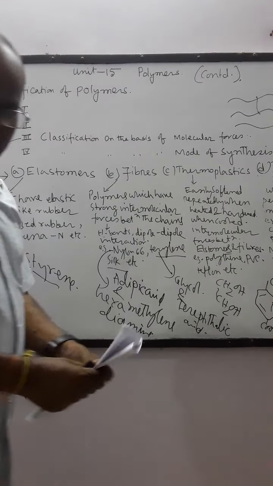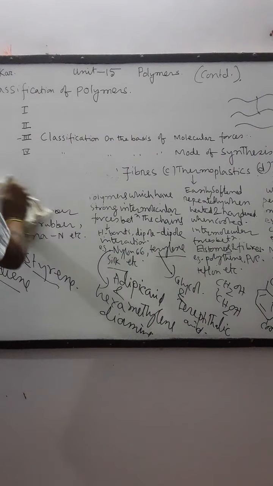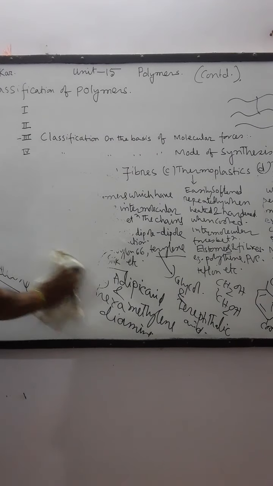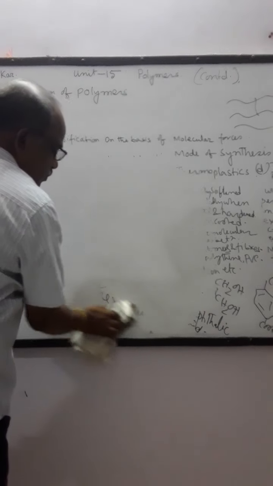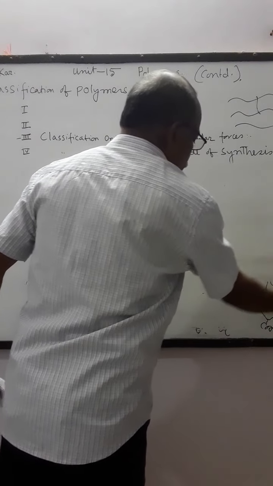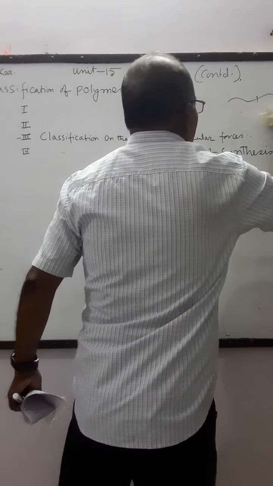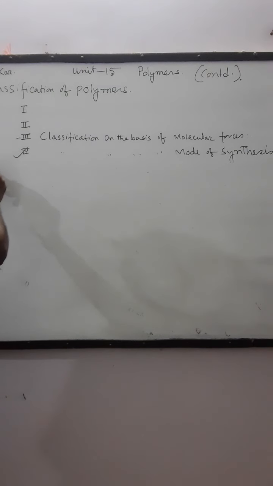So this is all about classification on the basis of molecular forces: elastomers, fibers, thermoplastic and thermosetting polymers. Next we move to our fourth classification, that is classification based on mode of synthesis. On the basis of mode of synthesis, polymers are classified into two types.